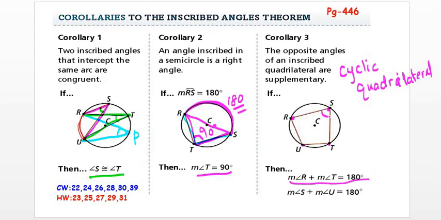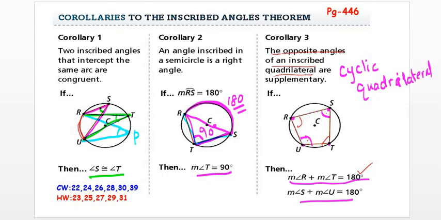It means if you add angle S with angle U, it will be 180 degrees, and if you add angle R and angle T, it will also be 180 degrees. So the opposite angles of an inscribed quadrilateral, or cyclic quadrilateral, are always supplementary, or you can say they add up to 180.